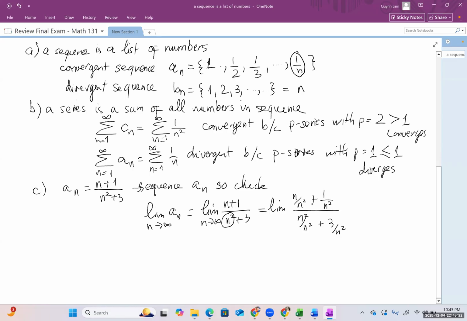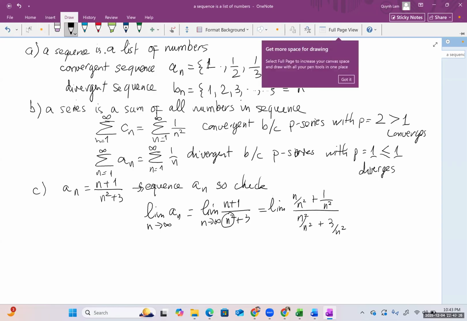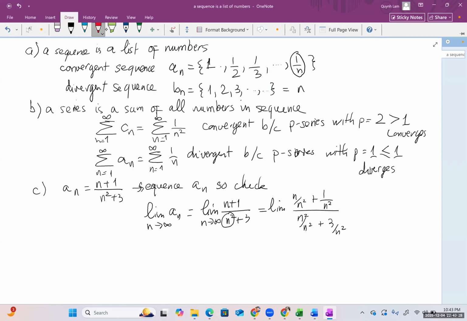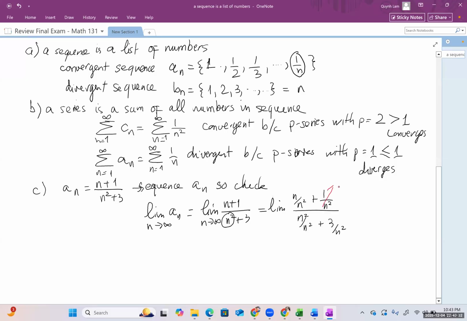For this case, the constant divided by variables will go to zero as n goes to infinity, which makes all those terms become 0.